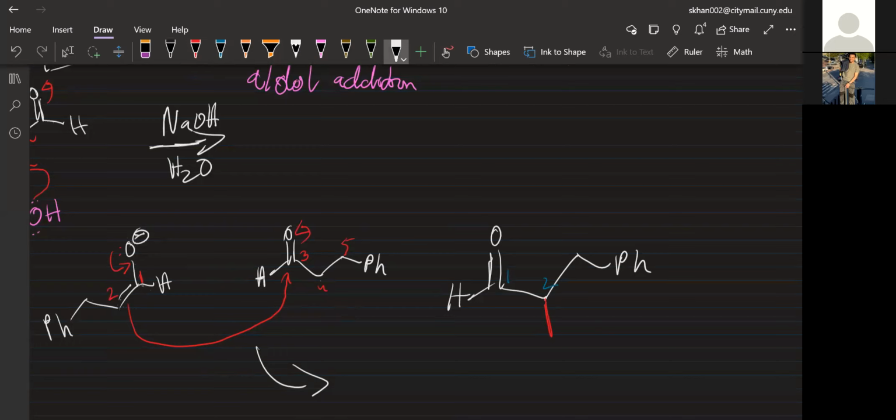So this was 3, and this is going to be O minus here. This is the rest of the structure here. Let's keep the count. 5.